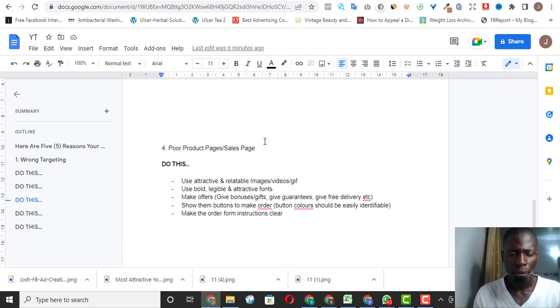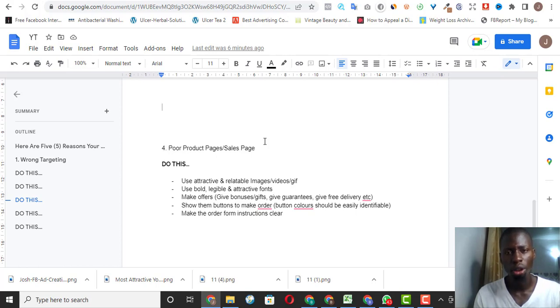Okay, then another thing you should also take note of is the call to action button. The CTA buttons that you actually insert on your pages. Make sure that you have these buttons at different intervals on your page. The reason is that at some point some people might not be able to read or look through your images from beginning till the end.